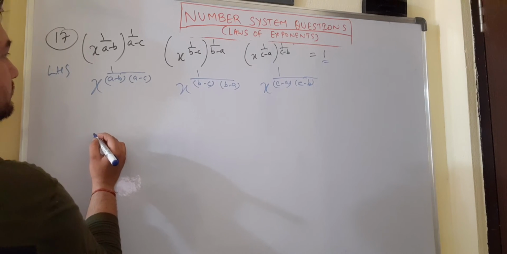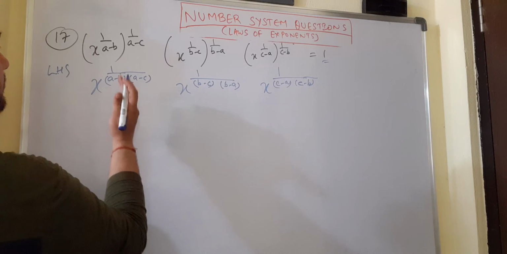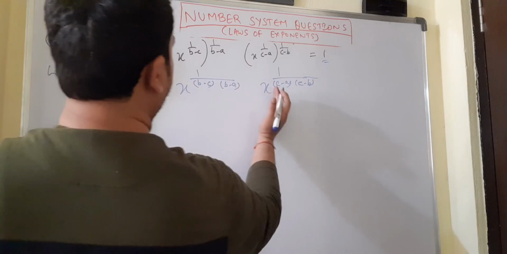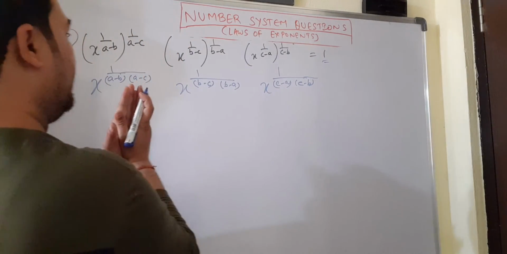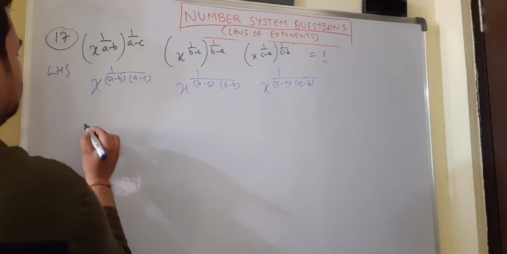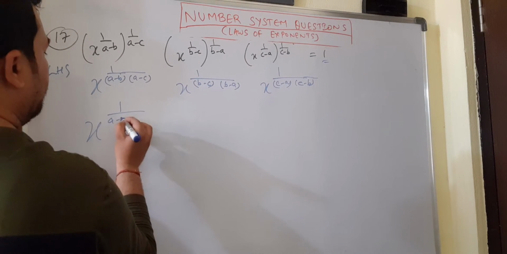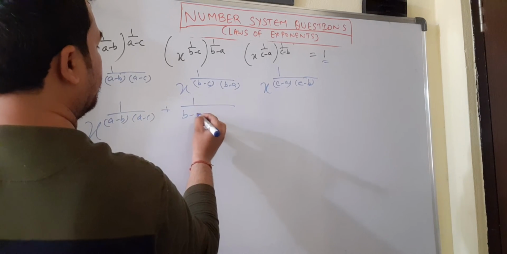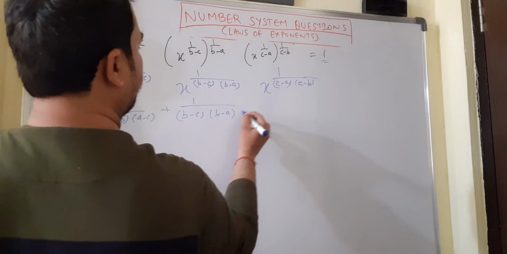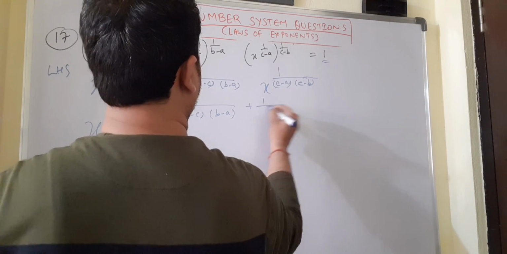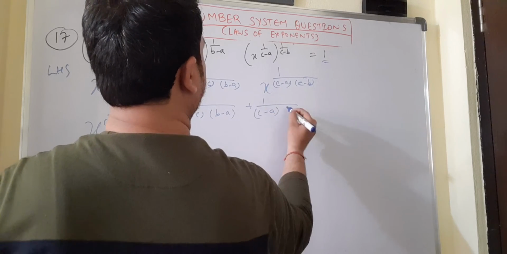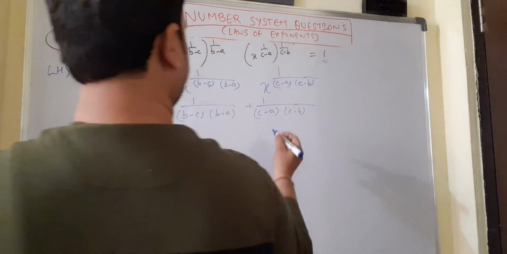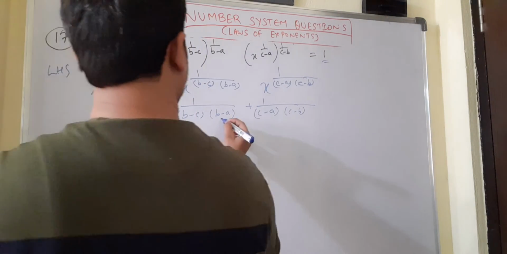Okay, now a to the power m, a to the power n, a to the power k, the bases are same, powers will add up. You can simply add it. X to the power 1 by (a minus b)(a minus c), plus 1 by (b minus c)(b minus a), plus 1 by (c minus a)(c minus b). A minus b, a minus b, here it is b minus a.